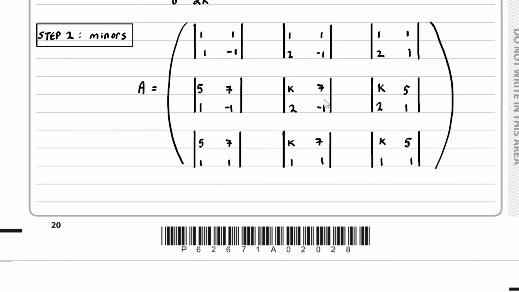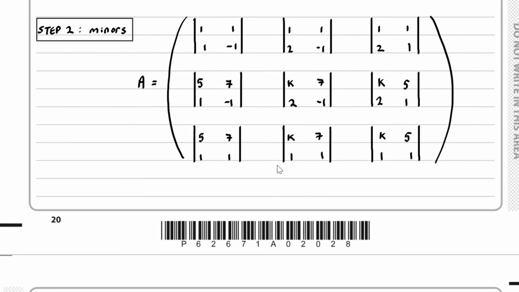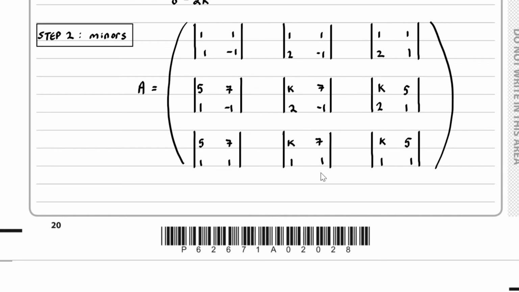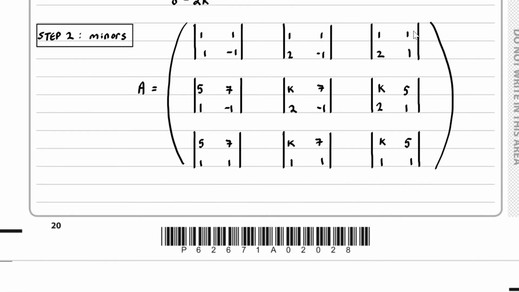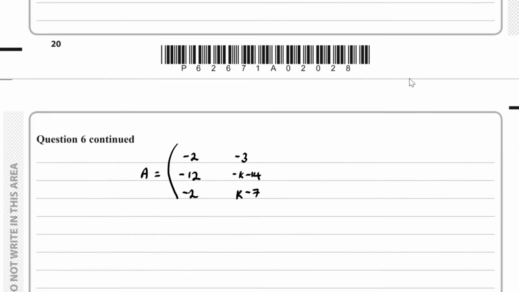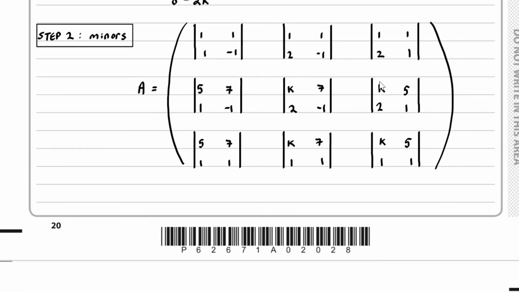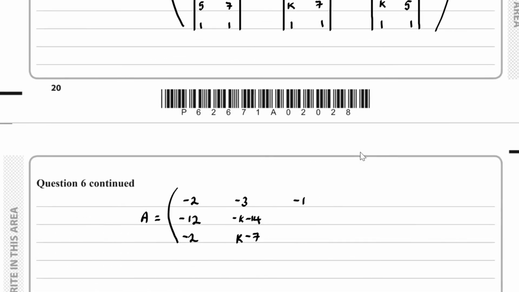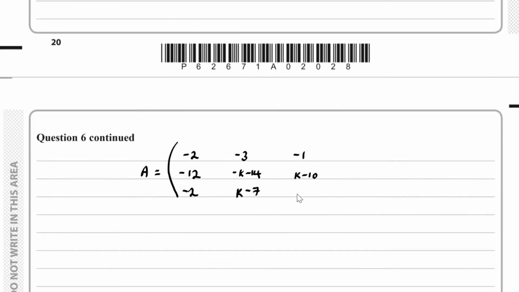Here we've got minus k minus 14. And then we've got here k minus 7. And then we've got 1 minus 2, that's minus 1. And then we've got k minus 10. And then we've got k minus 5.